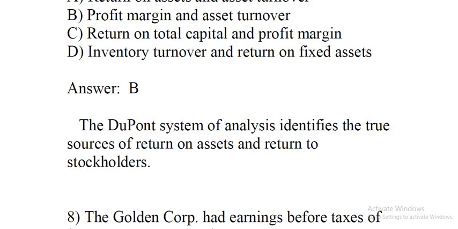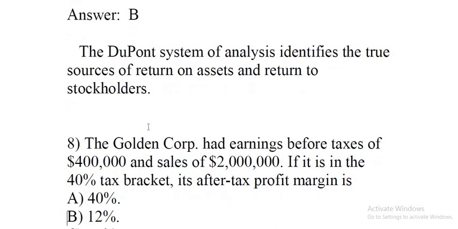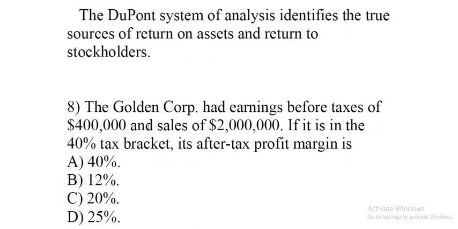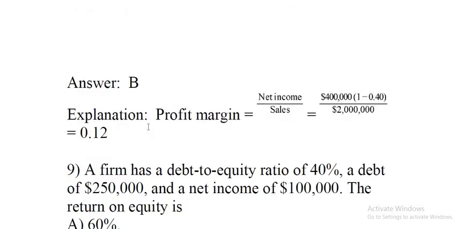The next question. The Golden Corporation had earnings before tax of 400,000 and sales of 2 million. If it is in the 40% tax bracket, its after-tax profit margin is... Simply speaking, we can use the equation: profit margin ratio equals net income divided by sales.